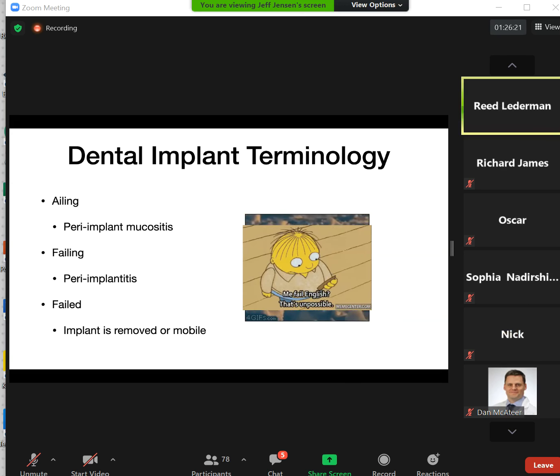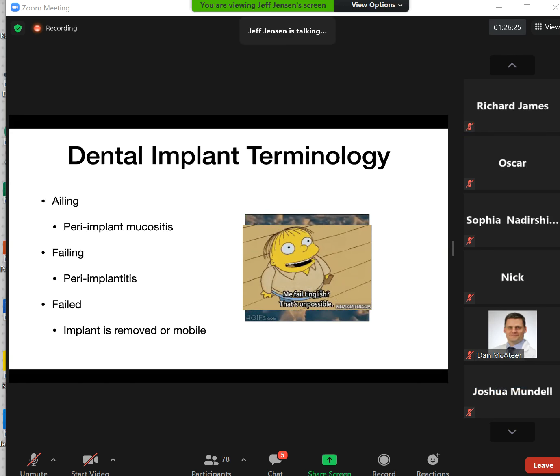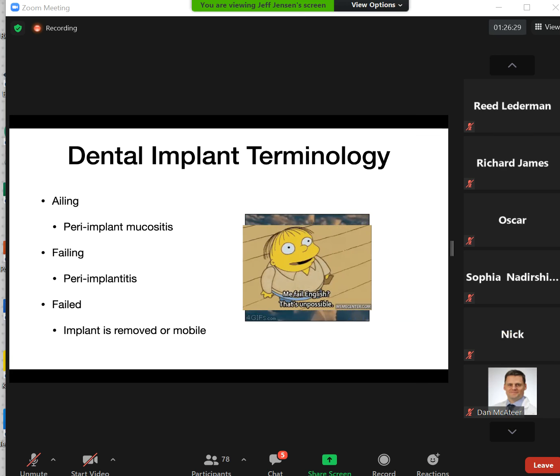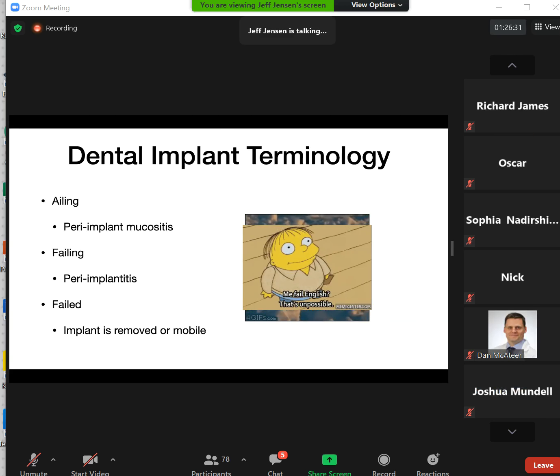Are we considering peri-implantitis irreversible? No, but we don't have a really great way to treat peri-implantitis. So typically we're trying to do everything we can to stabilize the implant.